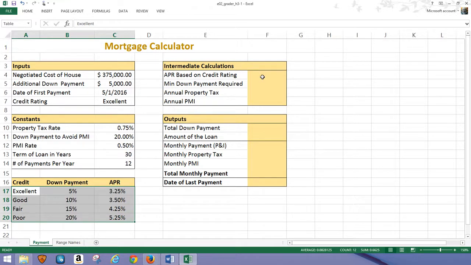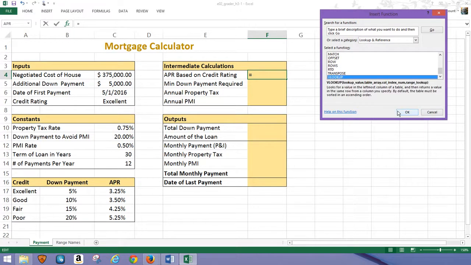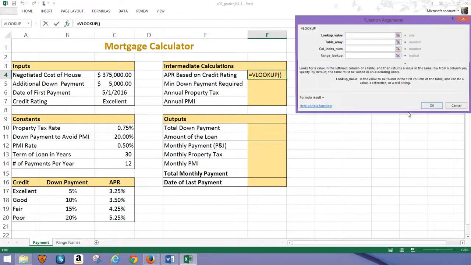Next, you're to go over here to F4, and you're to do a VLOOKUP. So we go to Functions. We can then go to Lookup and Reference. We then can move down to Vertical Lookup, which is the last one, and we click OK.